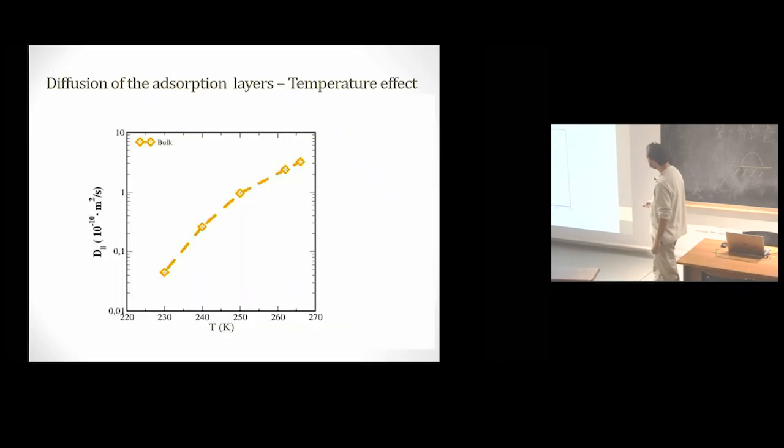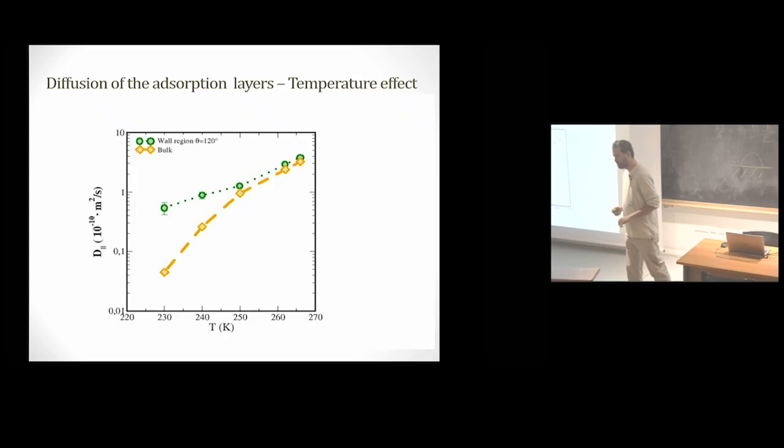Okay? So here I'm showing you the diffusion coefficient of bulk water as a function of temperature. And now let's see how is the parallel diffusion coefficient of the molecules in the wall-adsorbed layer for a hydrophobic substrate. Here is what you get.